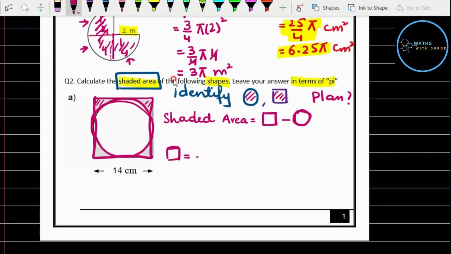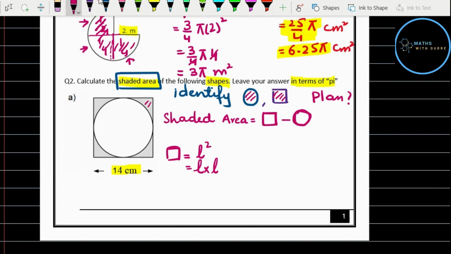Area of a square is L square, or you can say L times L. So what is the length? Is there any side given? Go back to the question statement and observe. Yes, this side is given, that is 14. And as per the properties of a square, remember all sides must be 14.